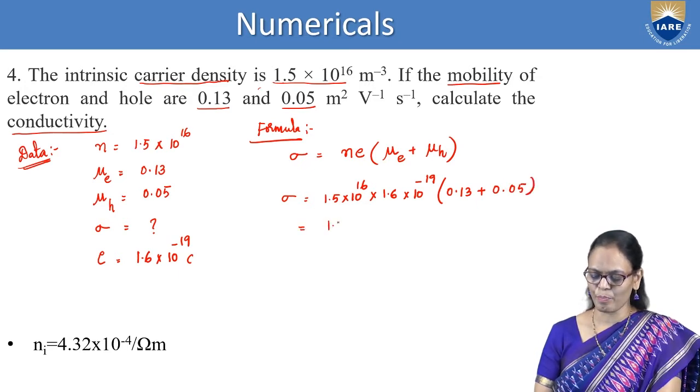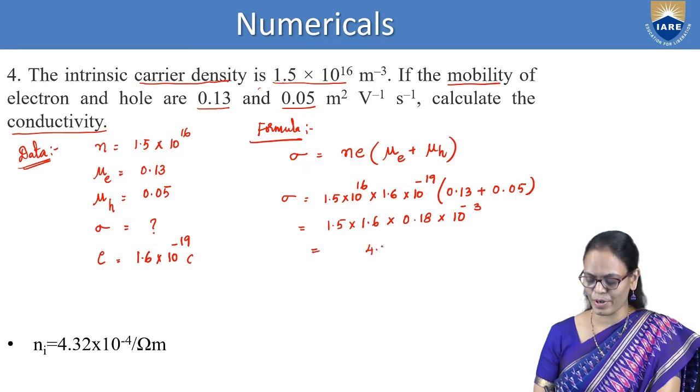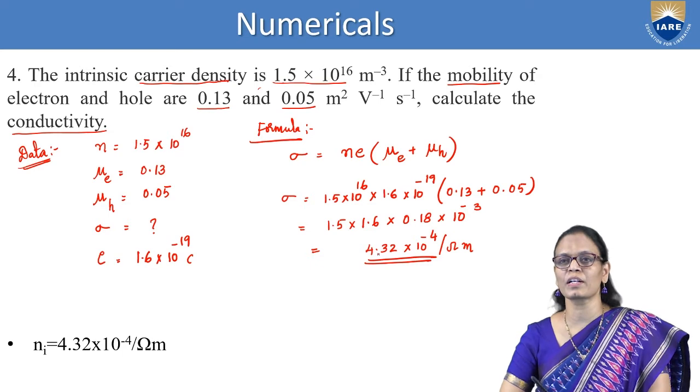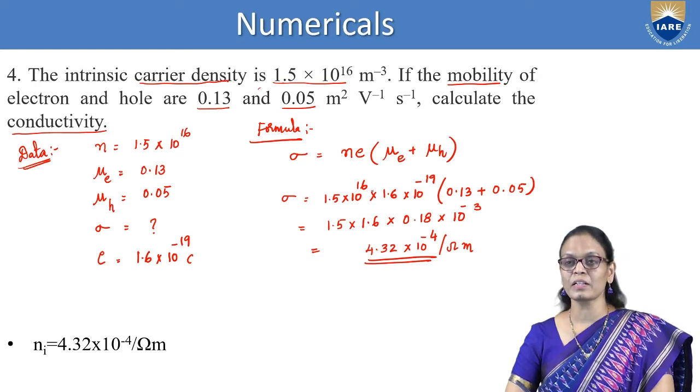So we have 1.5 into 1.6 into 0.18, 0.13 plus 0.05 is 0.18, multiplied by 10 power plus 16 and minus 19 will give us minus 3. So what you get here is 4.32 into 10 power minus 4. So this is the value of conductivity we are getting with the data given.